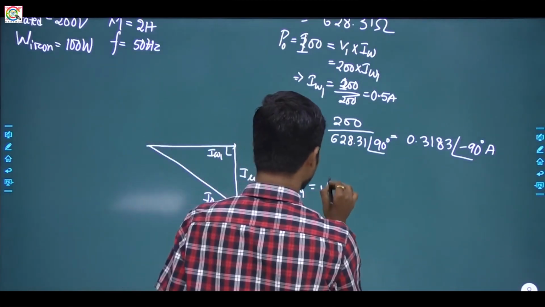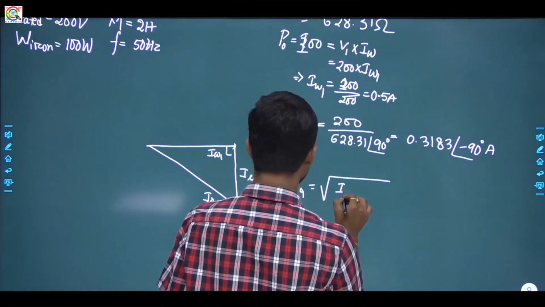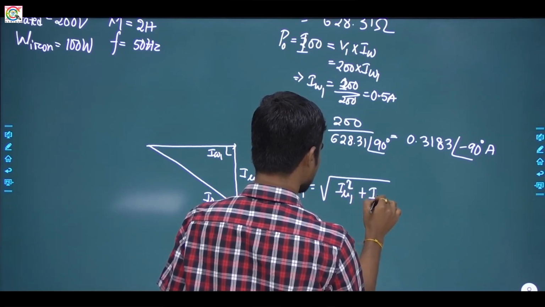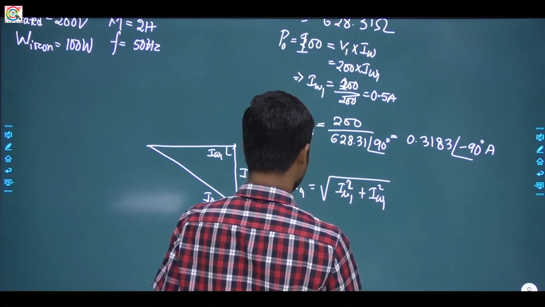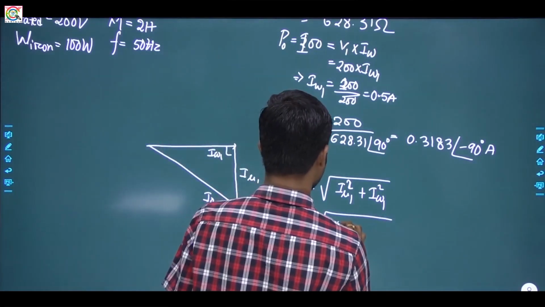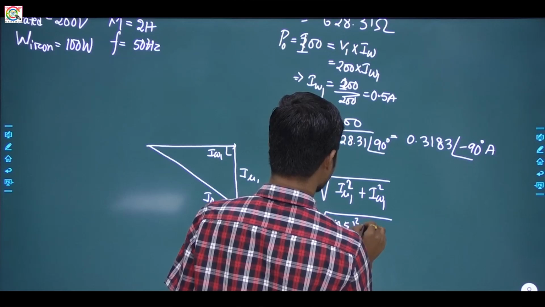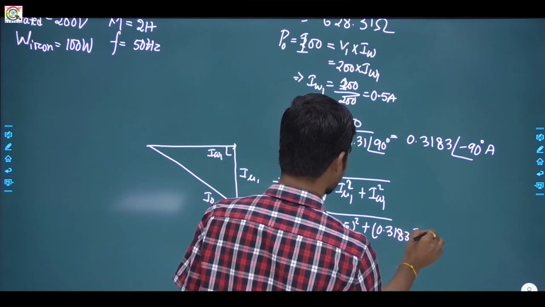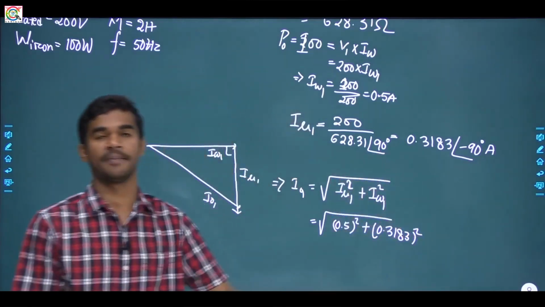I naught 1 will be the square root of I mu1 square plus IW1 square. So its value will be 0.5 square plus 0.3183 square.